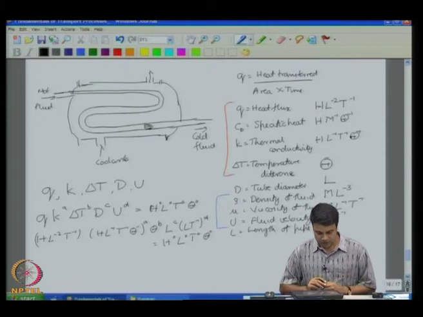So, now I have 4 simultaneous equations and I can solve them for the 4 unknowns.